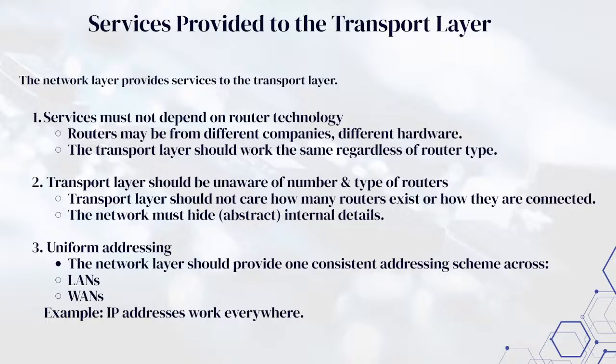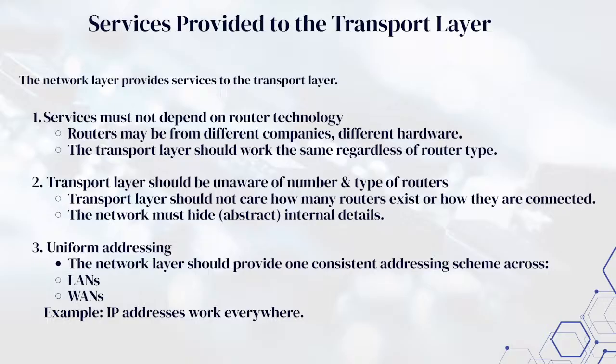Now what are they? Service must not depend on router technology means routers may be from different companies or have different hardware, right? So the transport layer should work the same regardless of router types. This is point number one. Second, the transport layer should be unaware of the number and type of routers.